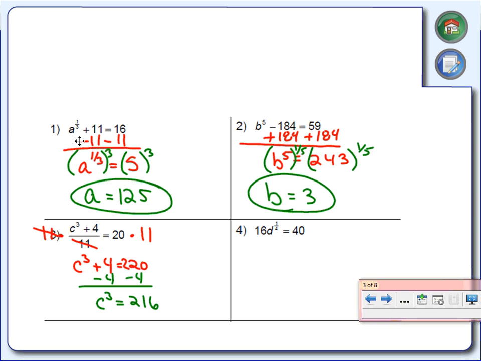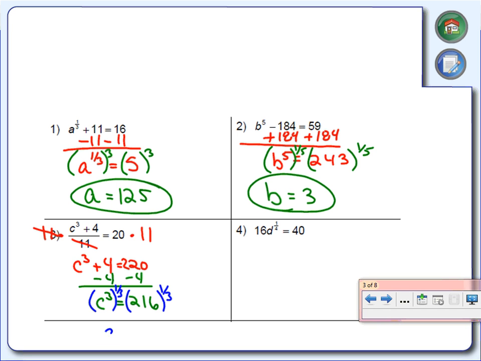Now that I have my base and my power isolated, I'm going to take both sides and raise it to some power. And that power is going to be the reciprocal of 3. So Samantha, what's the reciprocal of 3? 1/3. Very good. That's going to be the power.